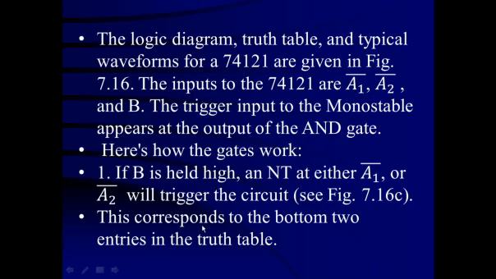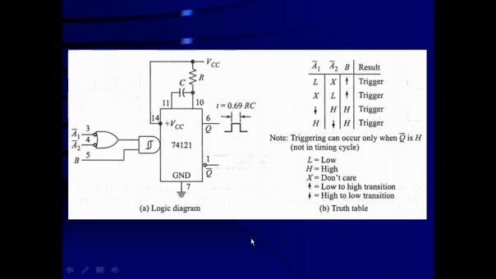Then it is working as a negative trigger circuit. This corresponds to the bottom two entries in the truth table. So we'll see the truth table also simultaneously. If B is held high, in both the cases, you see that the B input is normally utilized for the positive transition. Remember here, the up arrow indicates the positive transition from low to high, and the down arrow represents the negative transition, that is going from high to low.